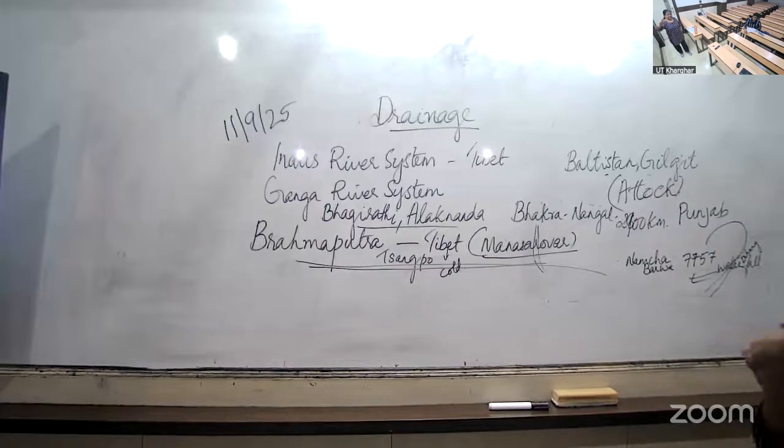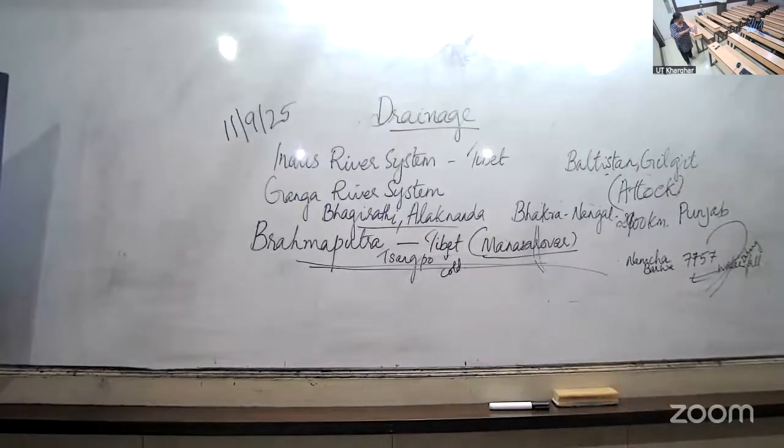So if you get a question, why is Brahmaputra not carrying silt and water in that Tibet region, what is the reason? Tibet is cold. It is passing through that cold region, and it is not having much water. It is coming from the glacier only.